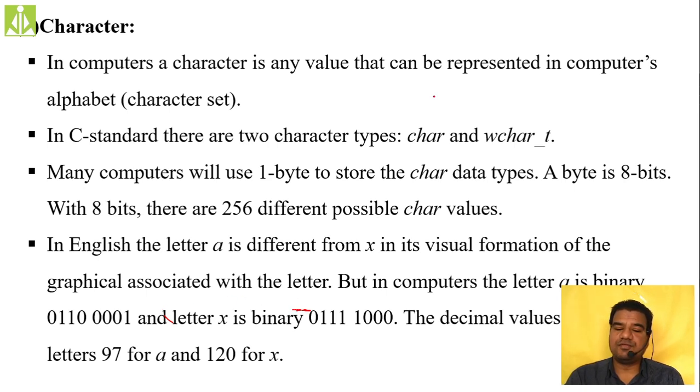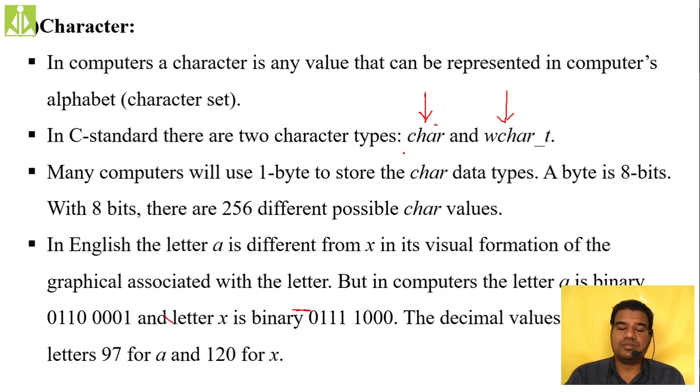The first type, the normal character, we use many times, and the wide character is again an experimental level type. So we are not going to use the wide character; we are going to use the regular character only to create a character type of variable.